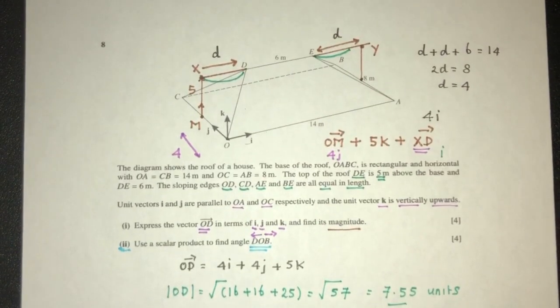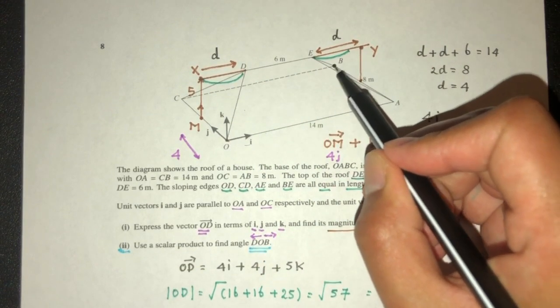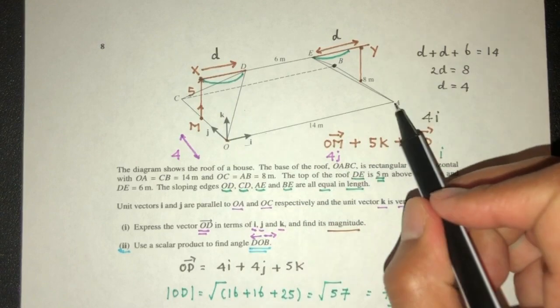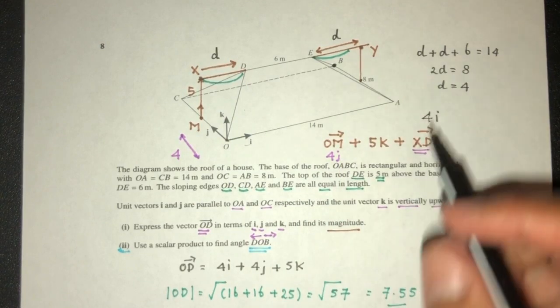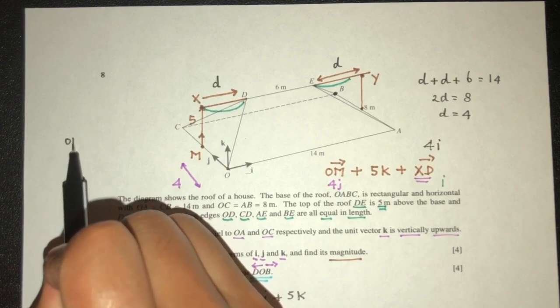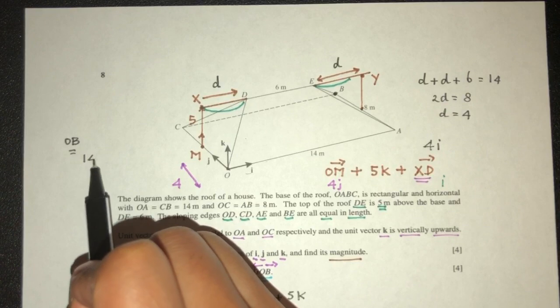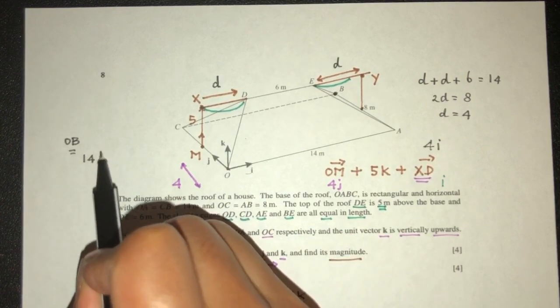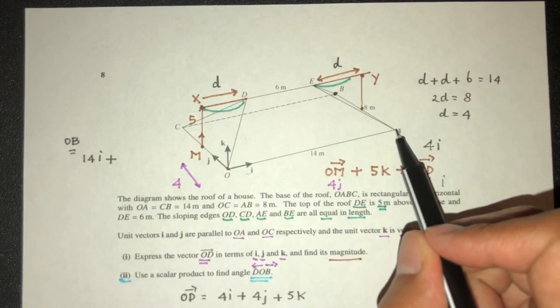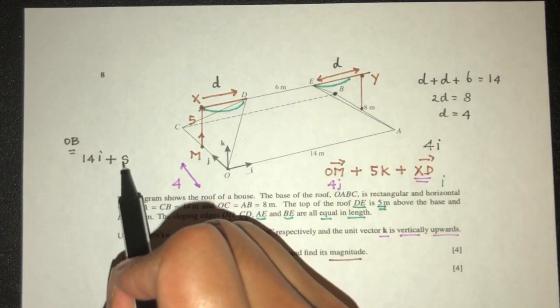So what is OB? O going to B has to be O going to A going to B, right? So from what we can see according to the diagram, OB has to be O going to A, that will be 14 in this direction, that will be i. And then A going to B will be in this direction, that will be 8j.